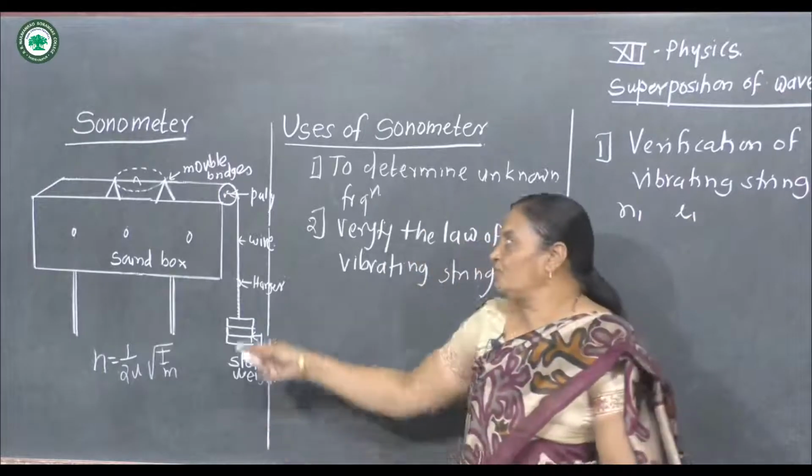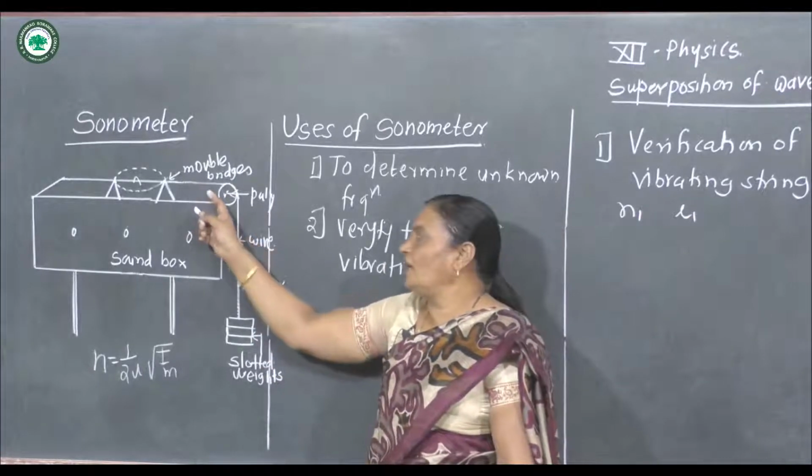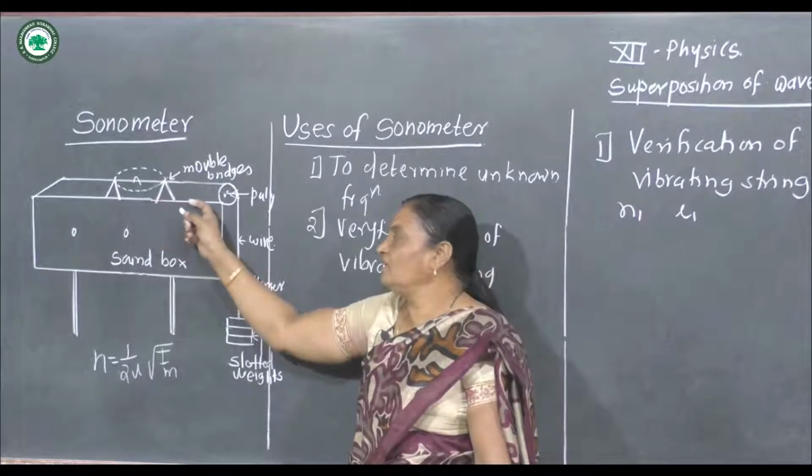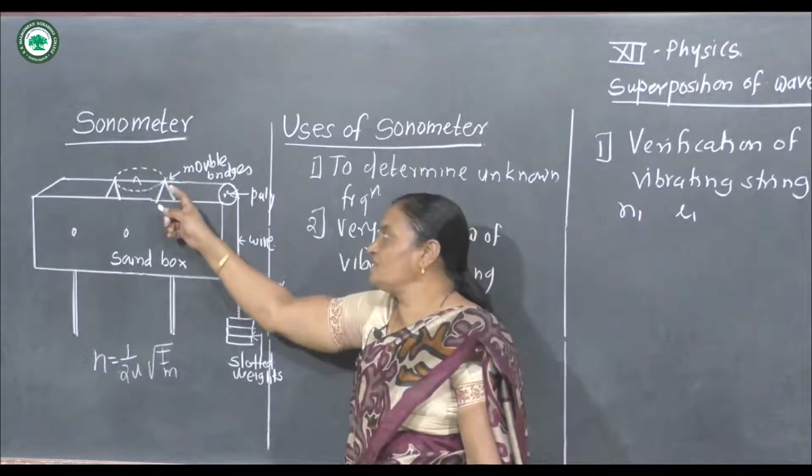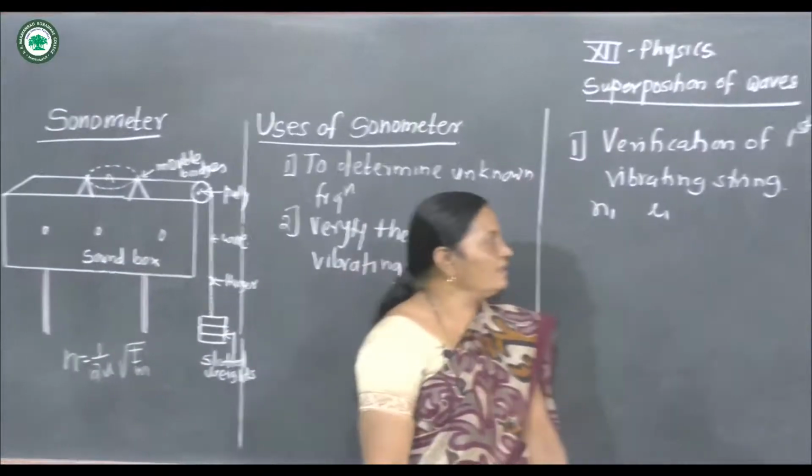Now the second tuning fork has frequency N2 and corresponding length L2. The third tuning fork frequency is N3 and length is L3.